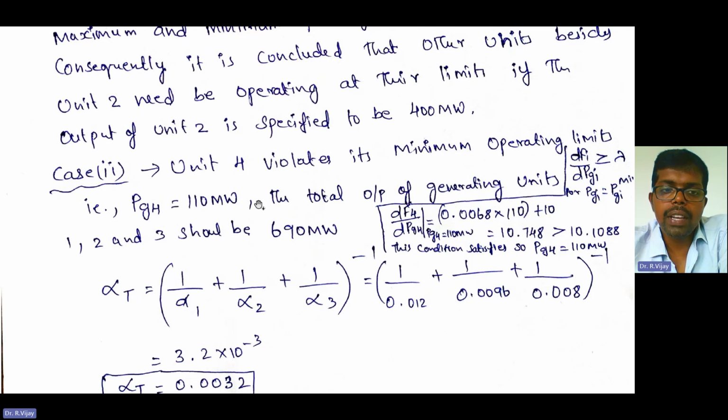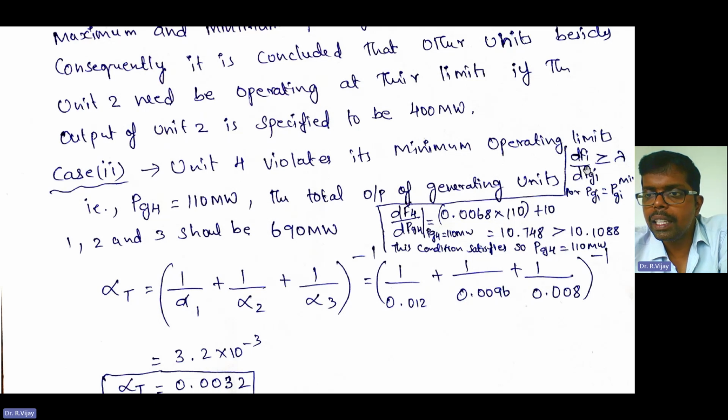If we consider unit 4 as 110 megawatt, then the total output of the other generating units, 1, 2 and 3, should be 690 megawatt, because the total demand given in the problem is 800 megawatt. Again, we need to check whether the fixed value is correct or not. Which condition it falls under: it is violating its minimum operating limit, so it falls under this optimality condition.